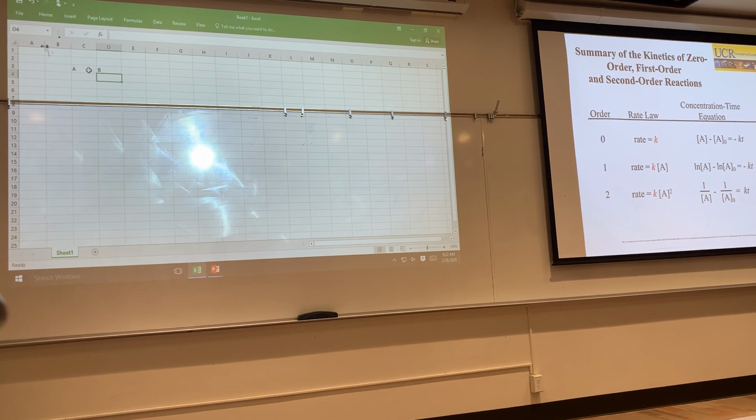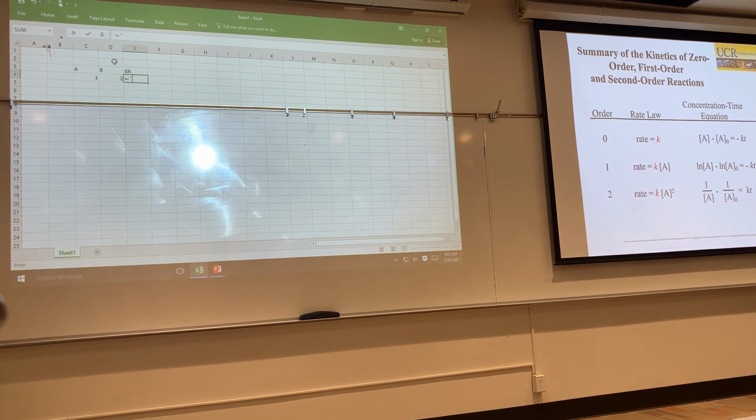We would have, say, in the beginning, here 1 mole and 2 moles per liter, and then we can figure out what is our dA and our dB in such a reaction. That will of course be a minus sign because it's being consumed. Whatever k I have, let me define k over here first.